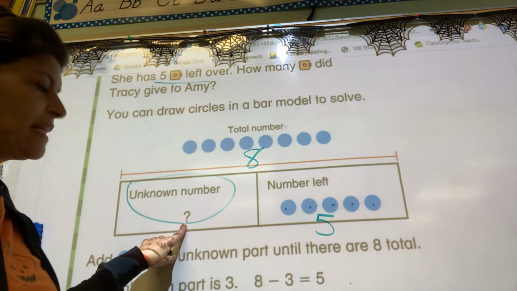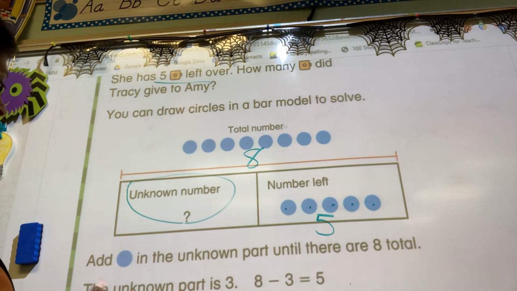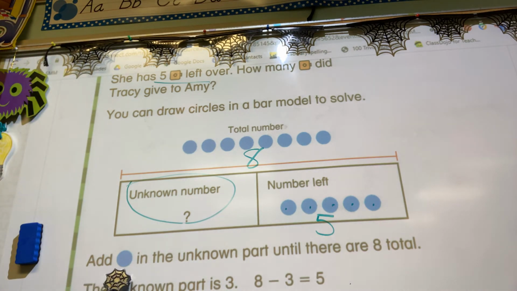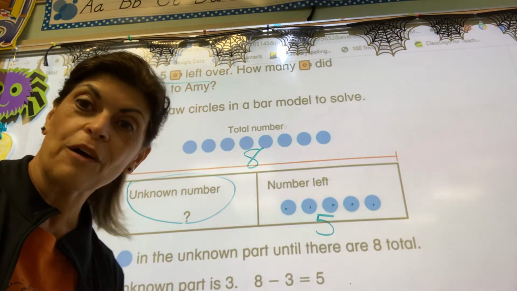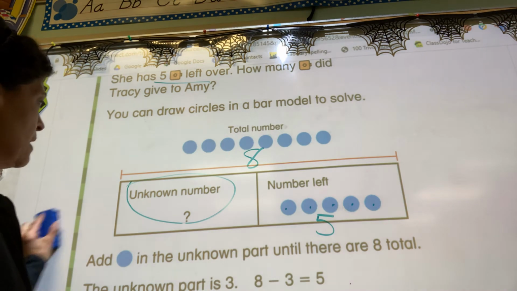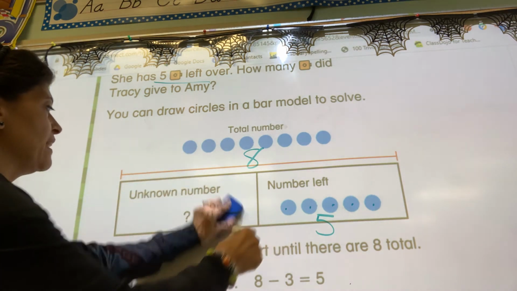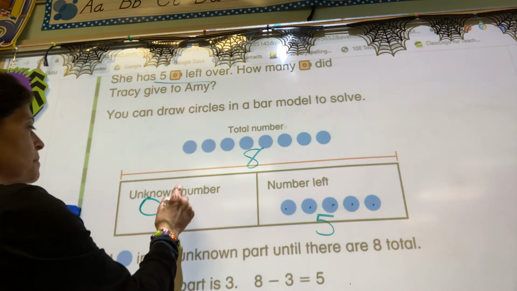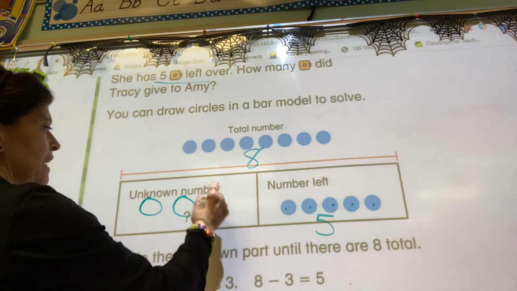What is the unknown number? So what we're going to do, add the circles in the unknown part until there are 8 total. That seems pretty easy. So we have 5 here. Count with me as we add the circles. 6, 7, 8.